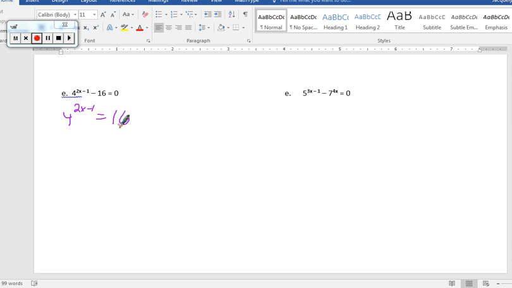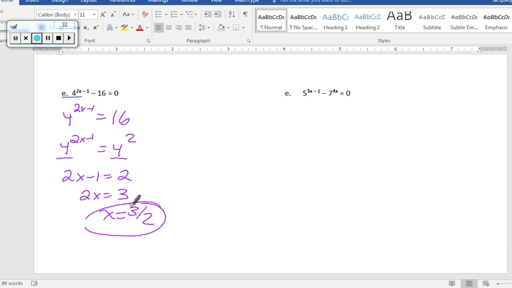I know 16 is 4 squared, so I'm going to change this guy here to 4 squared. The reason I want to do that is because now the bases are the same, and if the bases are the same, we can just set the exponents equal to each other. So then I get 2x is equal to 3, and x is equal to 3/2. So that one was pretty easy to solve.